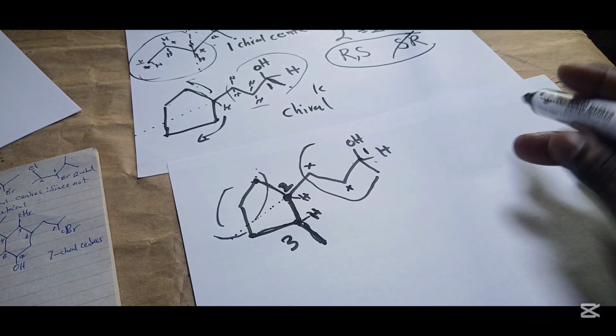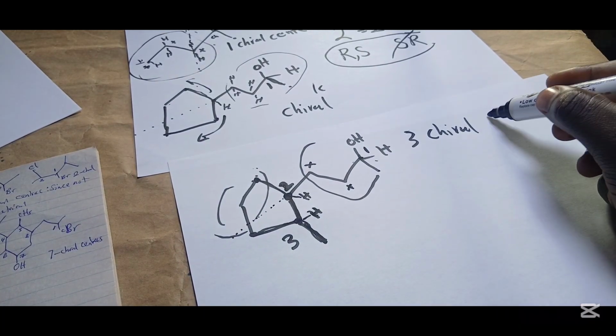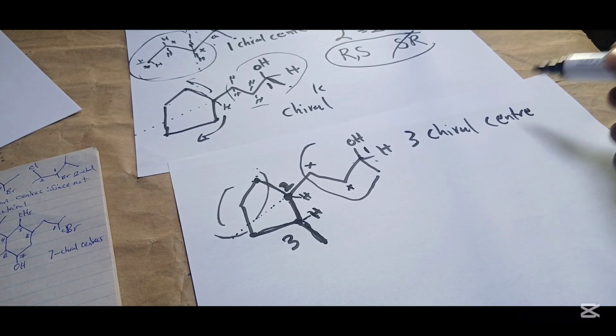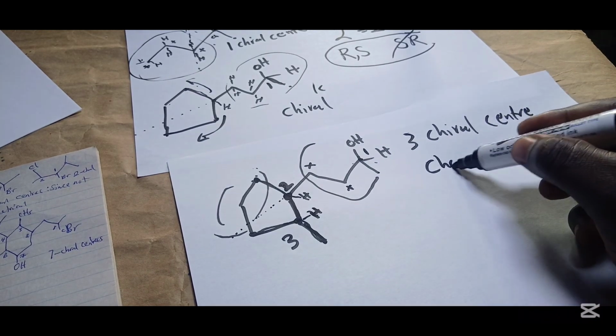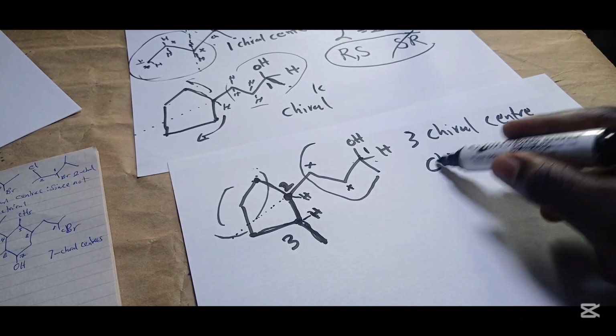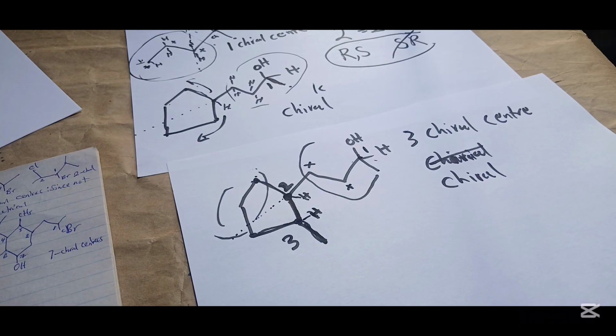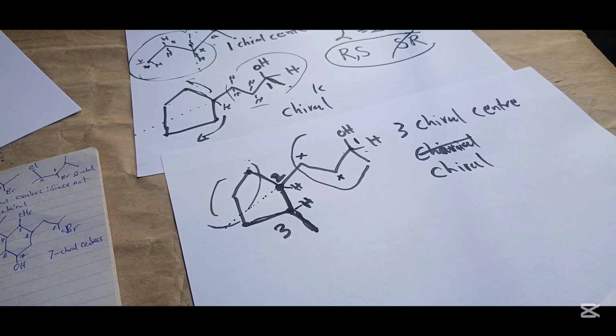So in all, this molecule has 3 chiral centers, and the molecule is chiral. So let's look at the maximum number of stereoisomers that this molecule can have.